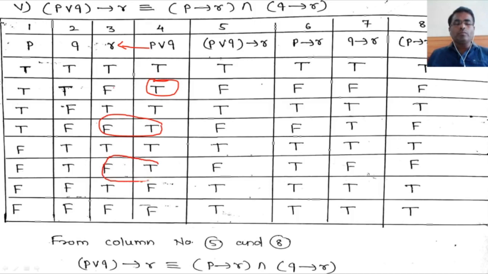First statement is true, second is false, in three places. These three are false and all others are true. This is your table.